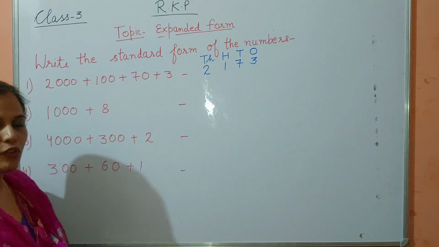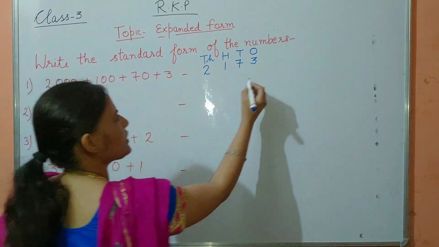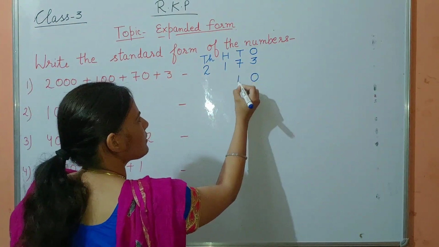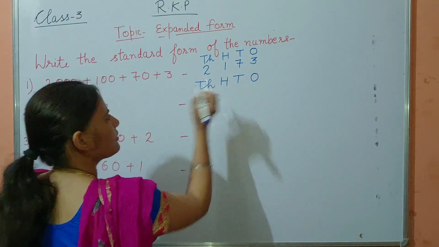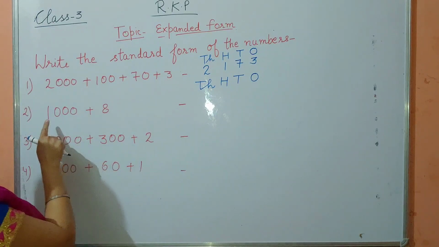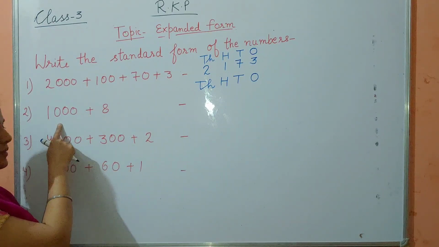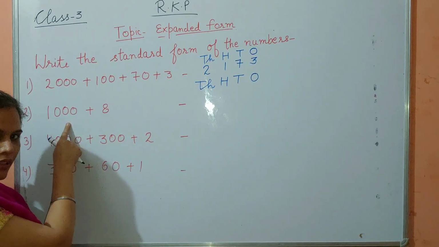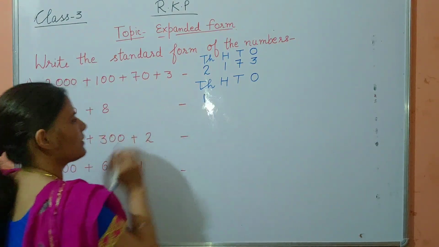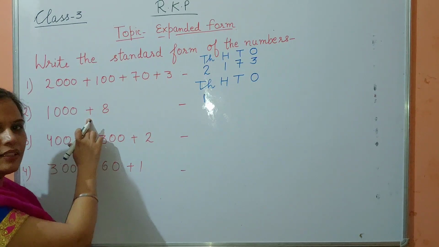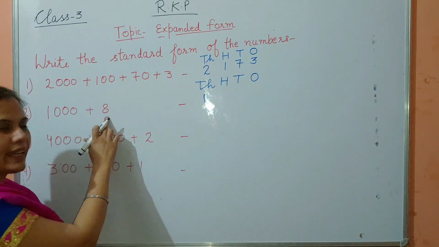1000 plus 8. First of all, write the place value chart: ones, tens, 100, 1000. Now first of all at the 1000 place, what digit will come? 1. There is no 100, no tens, only 8.